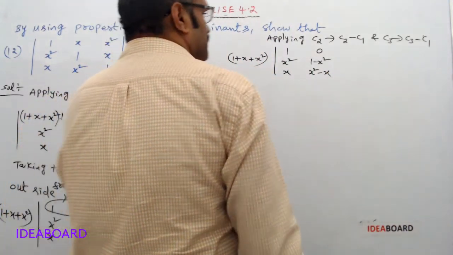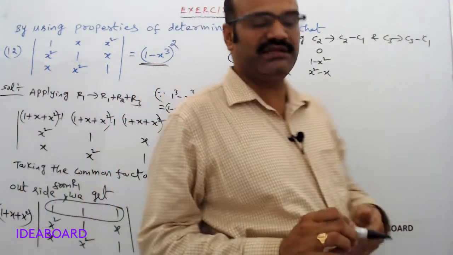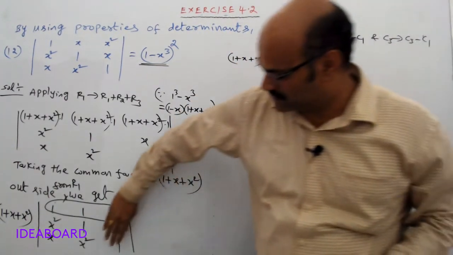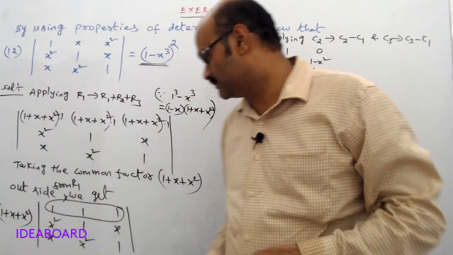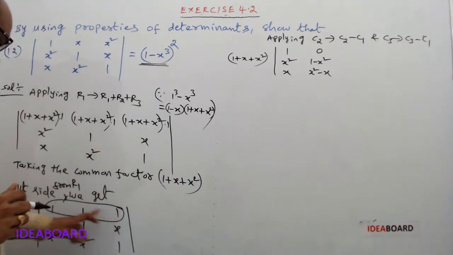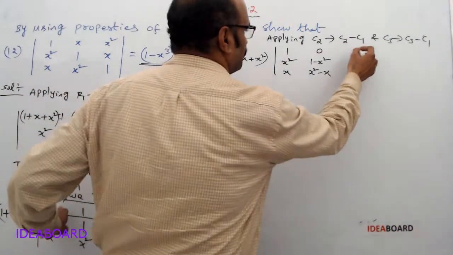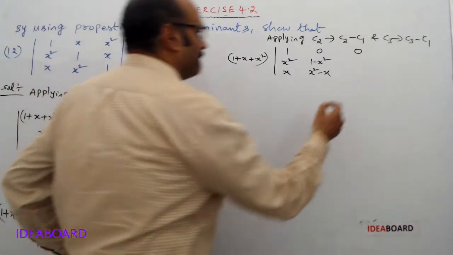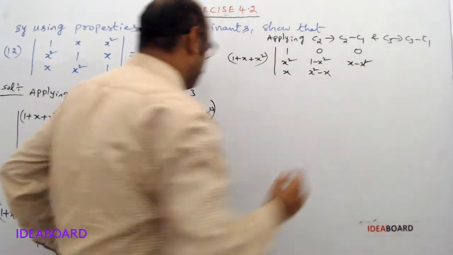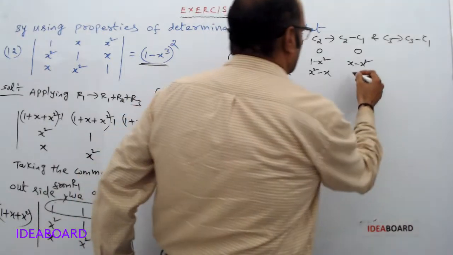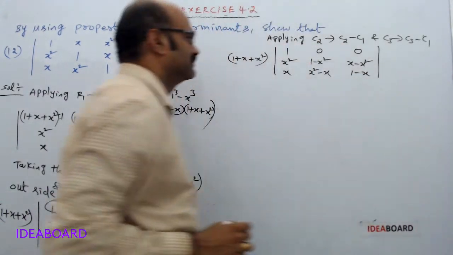Now C3 changes to C3 minus C1: 1 minus 1 is 0, next x minus x², next 1 minus x.